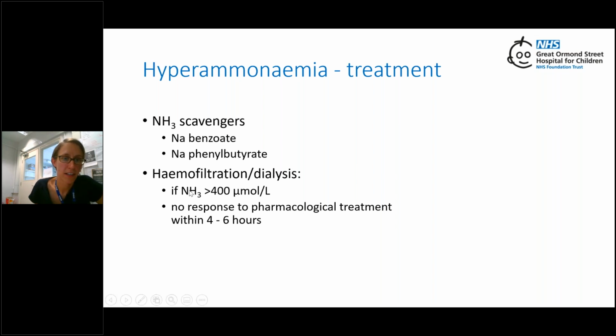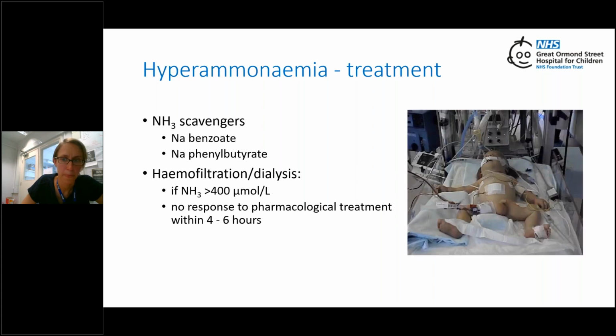This is usually considered if the ammonia is above 400 and if there's no response to the pharmacological treatment within 4 to 6 hours. So that's why we usually ask that we repeat the ammonia quite frequently to see whether it goes up or down, so we can make a decision which way we're heading. And this is what it looks like on PICU when these little ones have the hemofiltration.